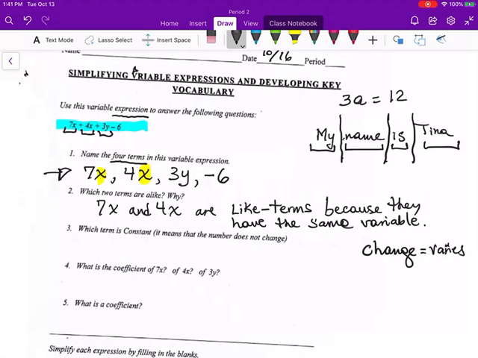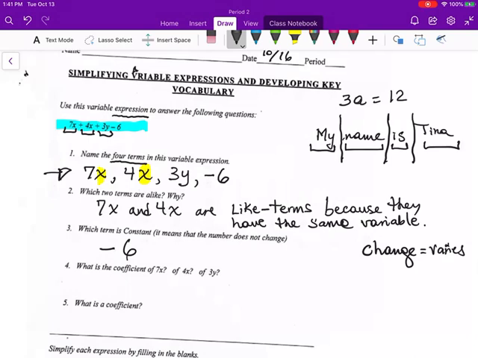The weather varies, the weather changes. So right here, we're looking at the one that is not going to vary, it's not going to change. If it's not going to vary, then it's not going to have a variable. Therefore, the only one is -6. It will not change. -6 is always going to be -6 because it doesn't have a variable next to it to be multiplied by.